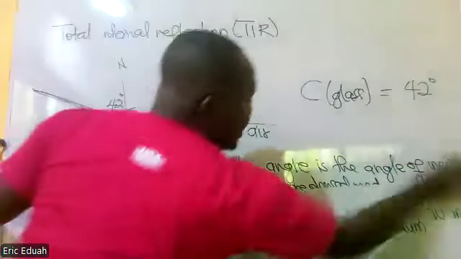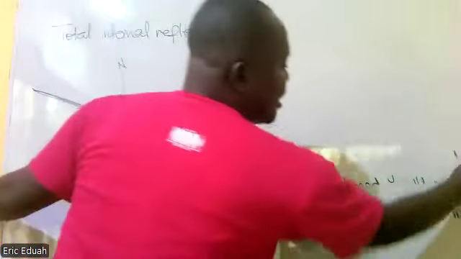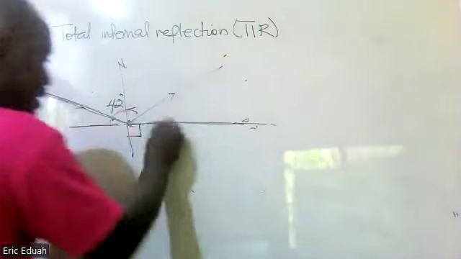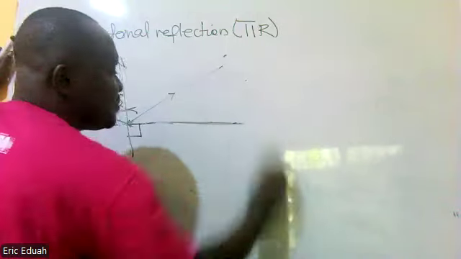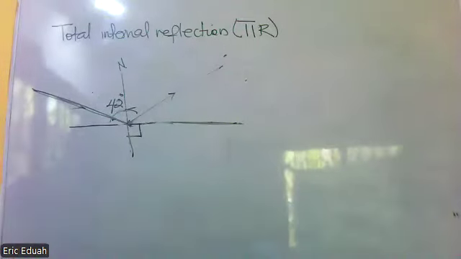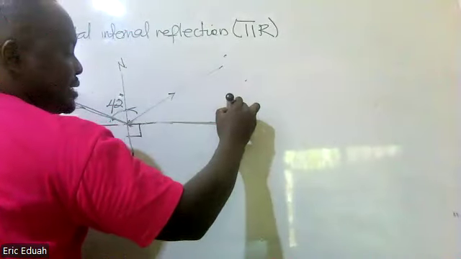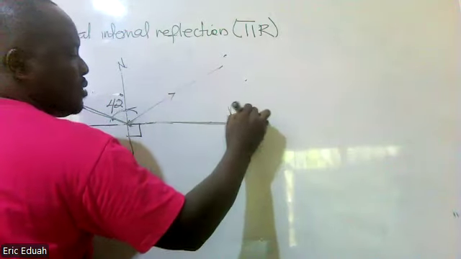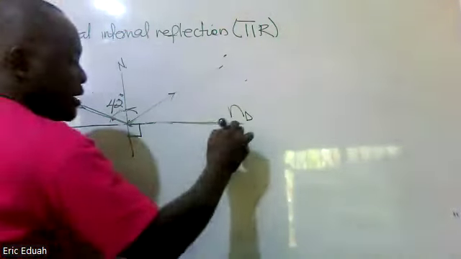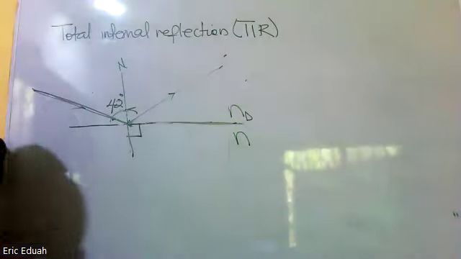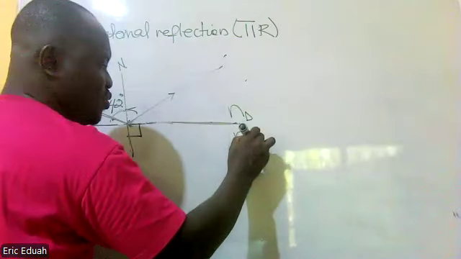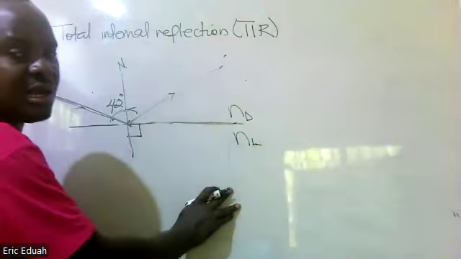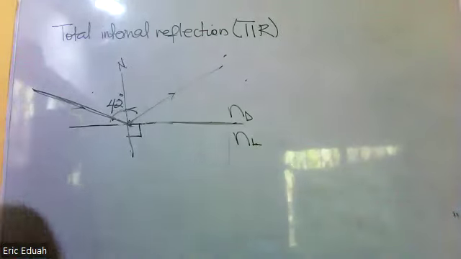Now we have two different materials. This is a dense material of refractive index mu D. This is a less dense material of refractive index mu L. D for dense, L for less dense.